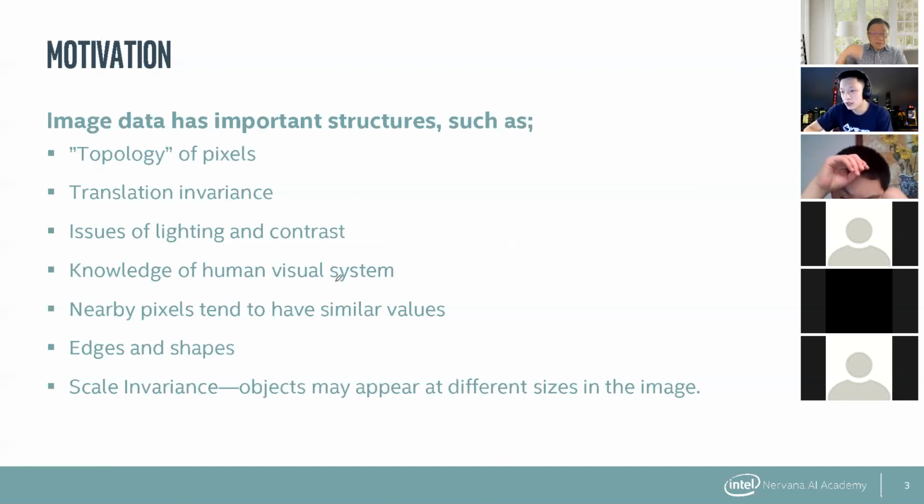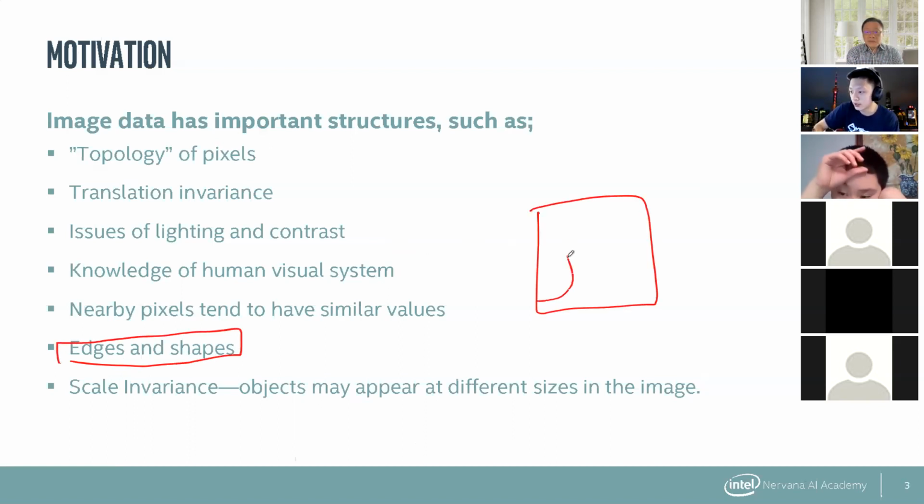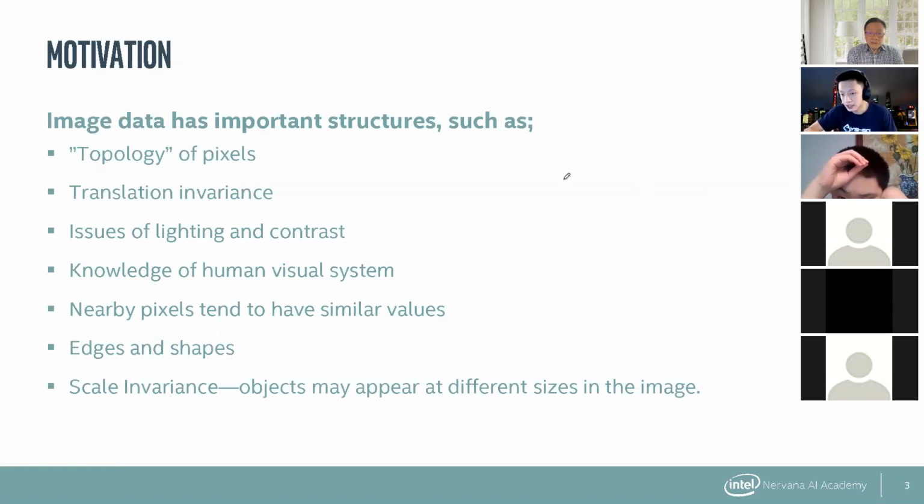I would say that the knowledge of the human visual system is not a big deal here. But another thing is that there are edges and shapes in images. Remember, if you have an image of a person, clearly the person's head is not going to blend into the background. There's an edge here that you need to take advantage of when you do classification.